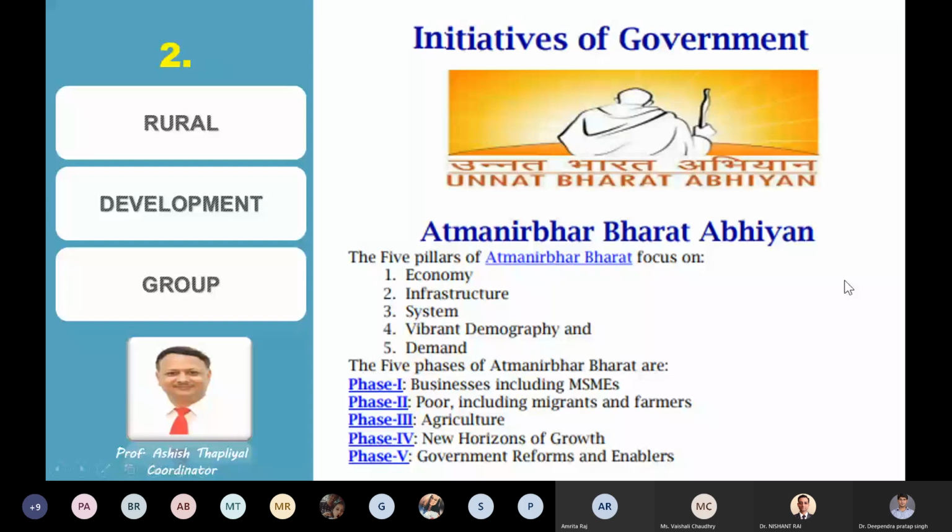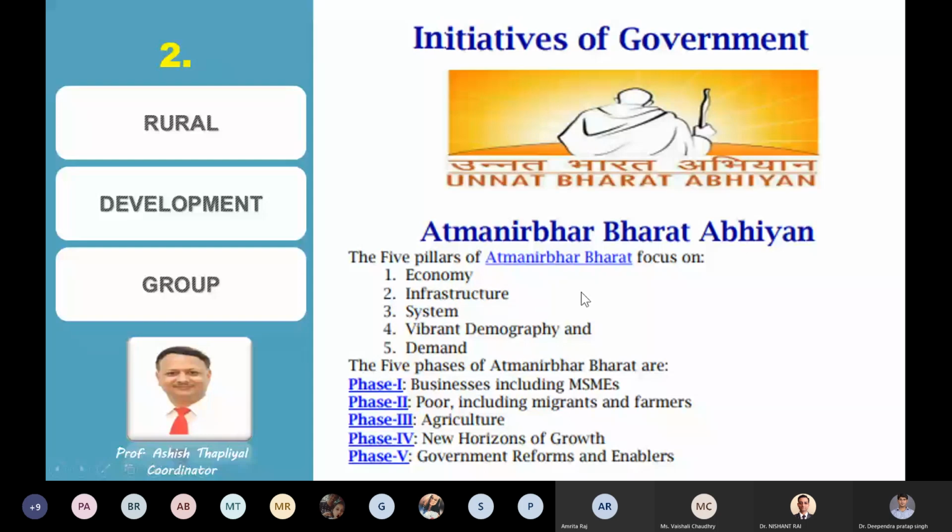You are all aware of this Abhiyan, which depends upon 5 pillars: economy, infrastructure, system, a vibrant demography, and demand.